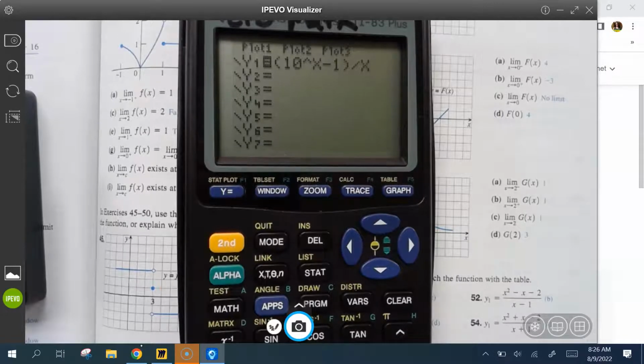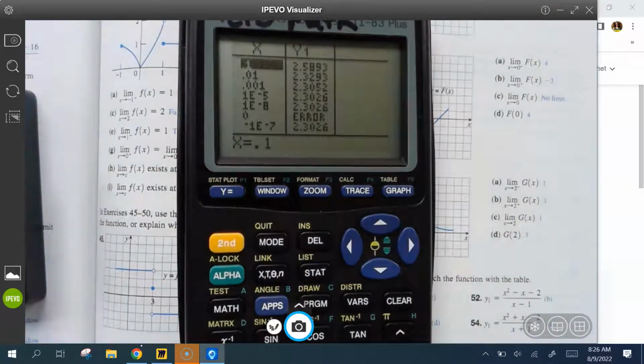Remember, we know it's undefined there at 0, right? Because your table doesn't look like mine. If you put 0.1 in your table, what do you get? 1.25?